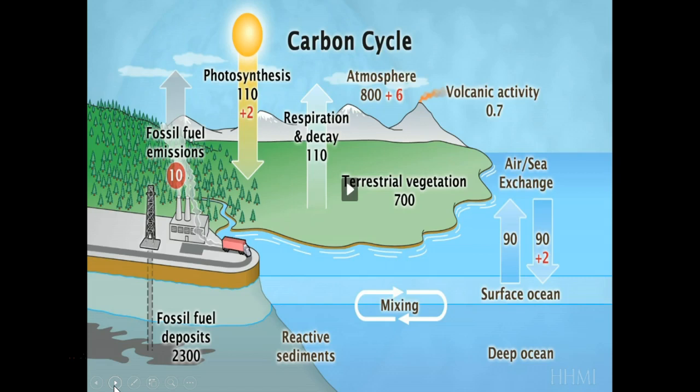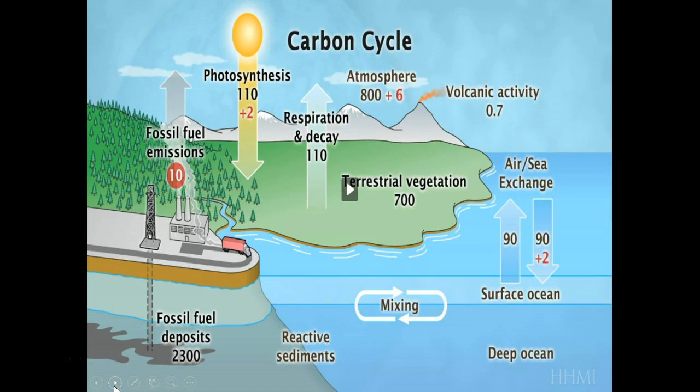Basically, that's just ancient photosynthesizers. Oil, gas, and coal come not from dinosaurs. They usually come from photosynthesizers, algae and plants, and some photosynthesizing bacteria. A lot of it comes from plankton.